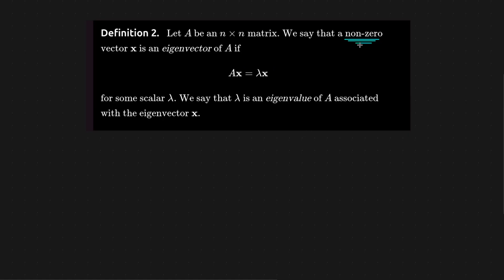We are interested in the case where the vector is non-zero. So an eigenvector must be a non-zero vector. Notice though we do not put the same restriction on lambda. Lambda could be any scalar including 0. So an eigenvalue can be 0, but an eigenvector cannot be the 0 vector.